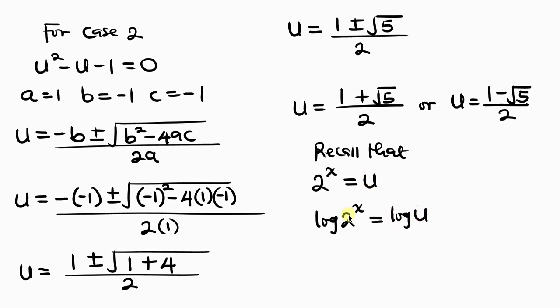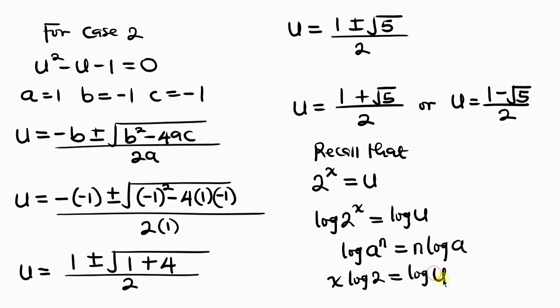Now, our next step will be for us to apply the law of logarithm, which says when I have log a to the n, this is the same as n log a. So let's apply this law here. Now, this expression becomes x log 2 equal to log u.